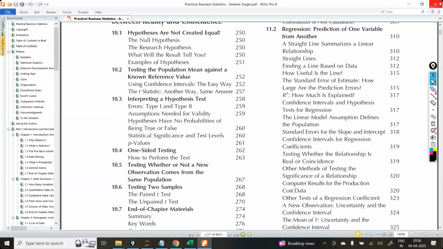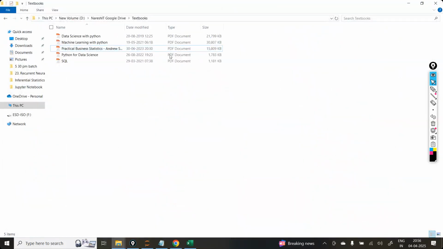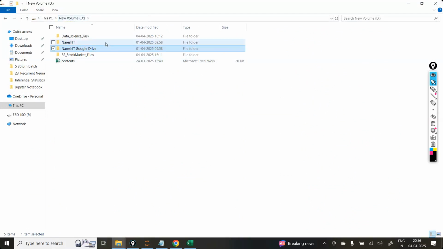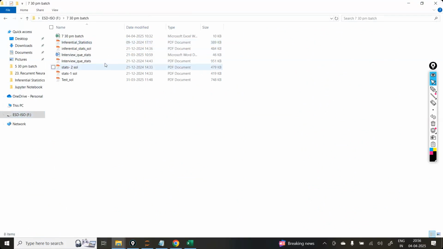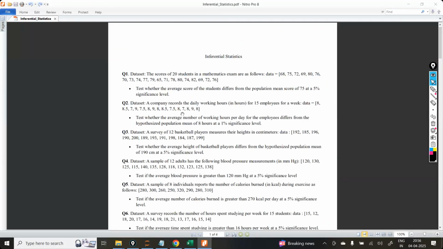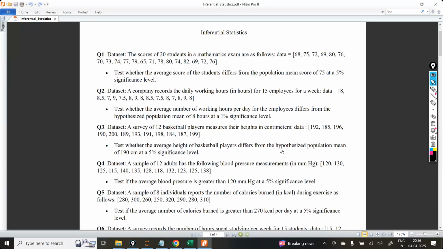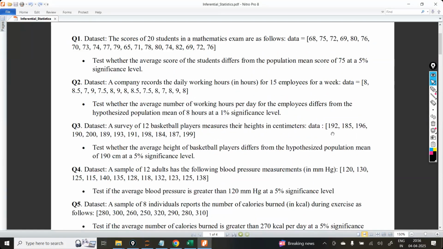If you want, you can go through the reference after the class. Now, this textbook I'll add for you for your reference, and along with this, I'll also share the task. Coming to the task, I'm going to share inferential statistics related questions, and you have to work on them.